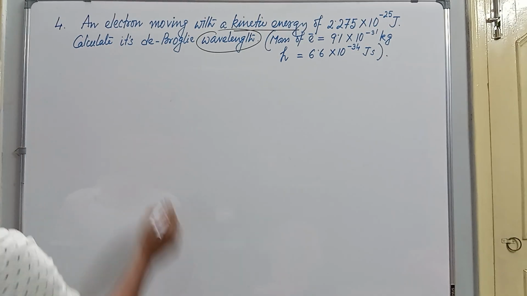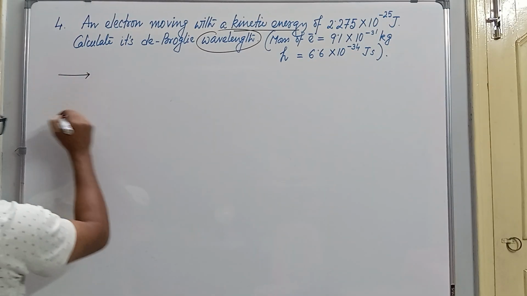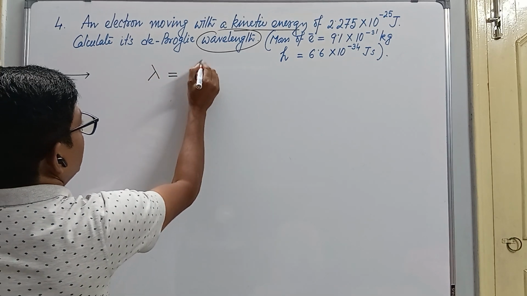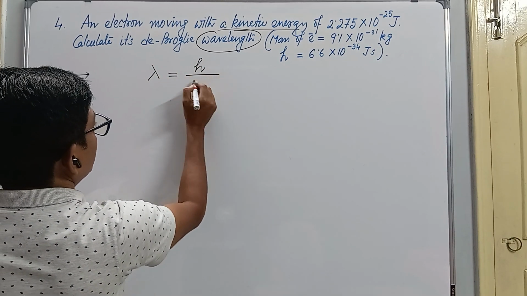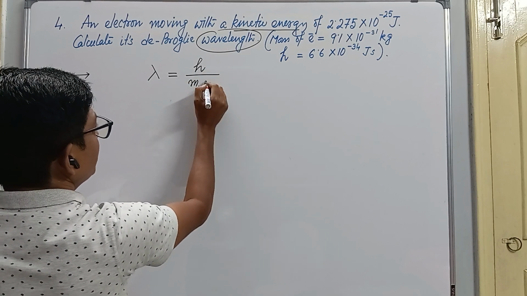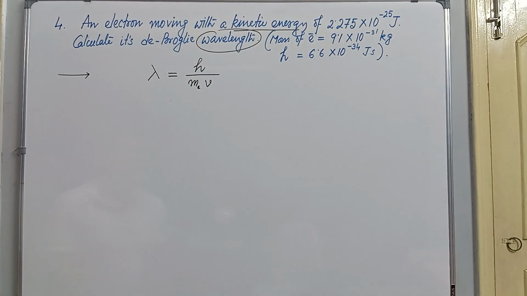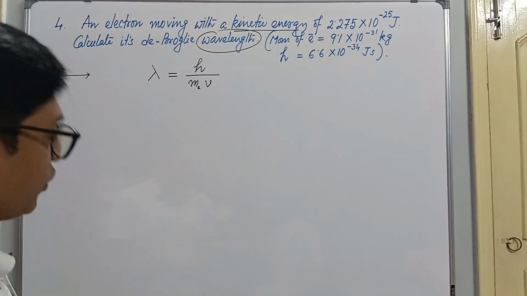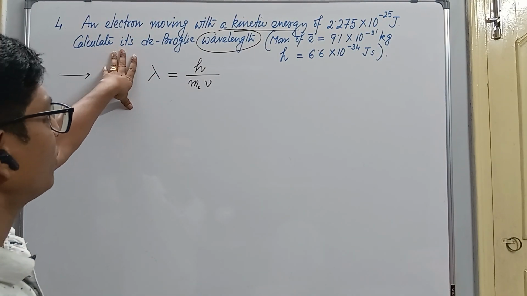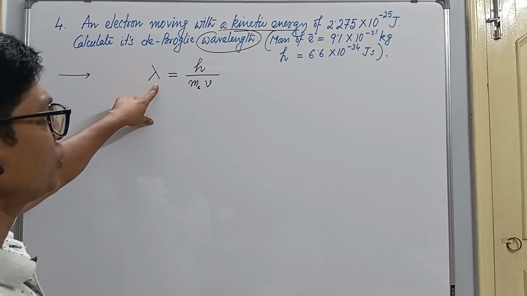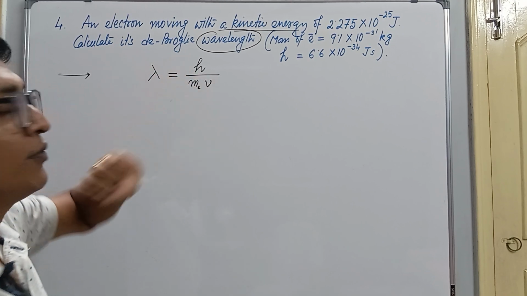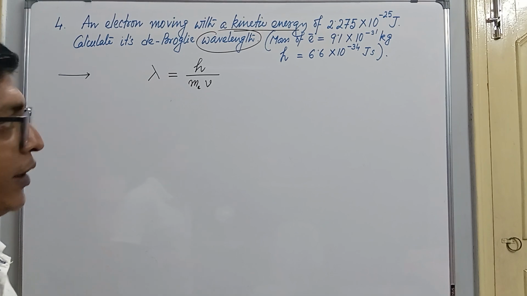So what we know so far, whatever we have used to solve the previous questions, that is our mother equation, which is lambda equals h by m v, as it is electron, so I am writing the suffix e on mass and velocity. Now if you look at this equation and try to fetch the information from the given problem, you will see this one we need to determine. h they have provided, mass they have provided, but the velocity they have not provided directly.